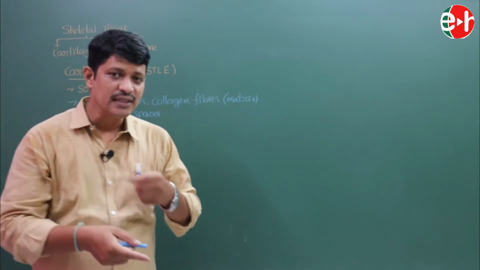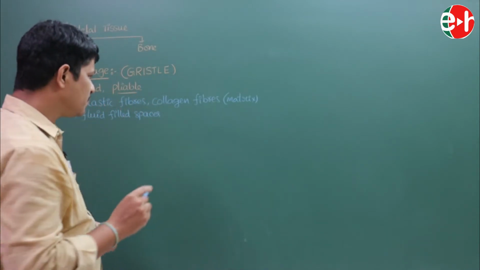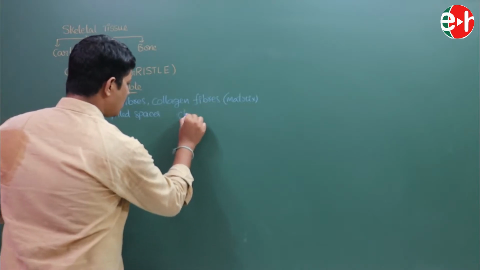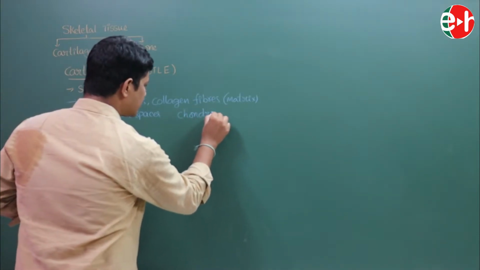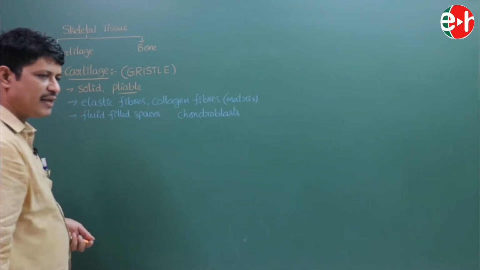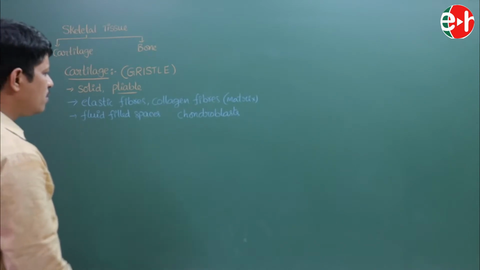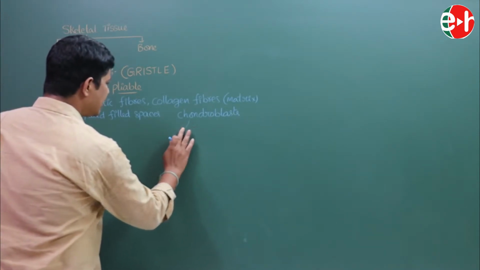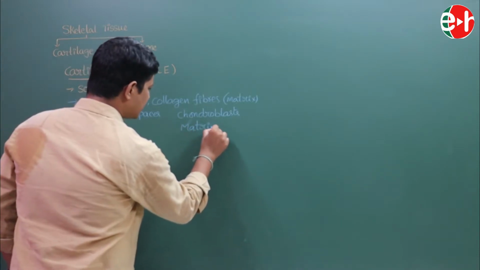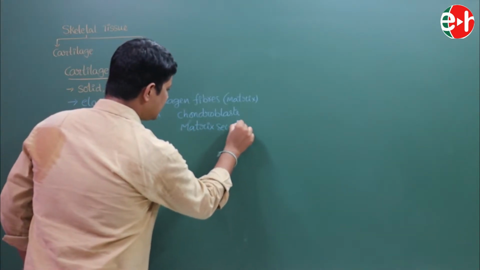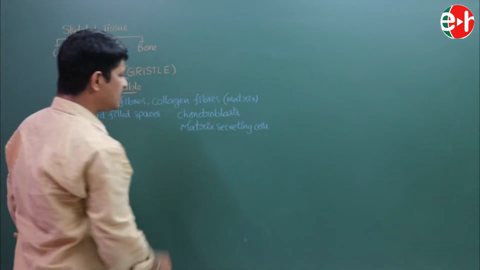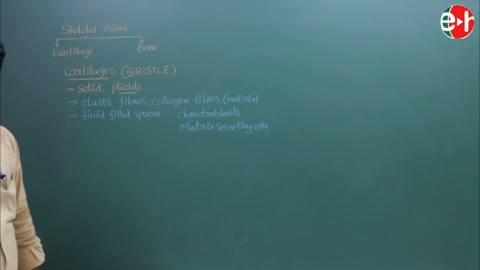Not only elastic fibers and collagen fibers, it contains chondroblasts. What do chondroblasts mean? The matrix secreting cells of the cartilage are known as chondroblasts.